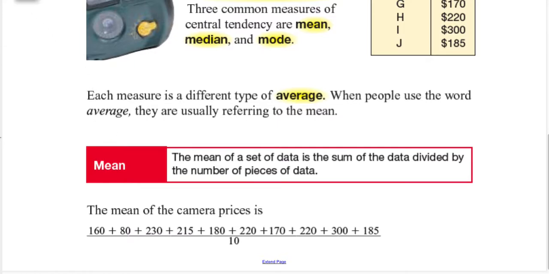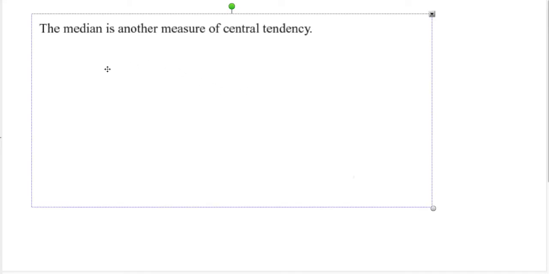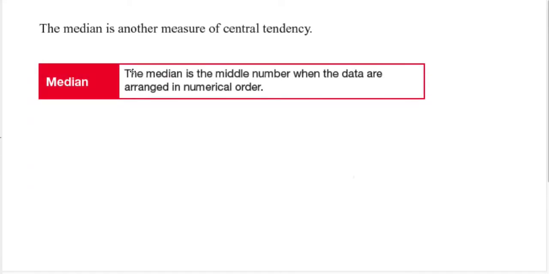The next measure of central tendency we are going to discuss is the median. The definition of the median is the middle number when the data are arranged in numerical order.